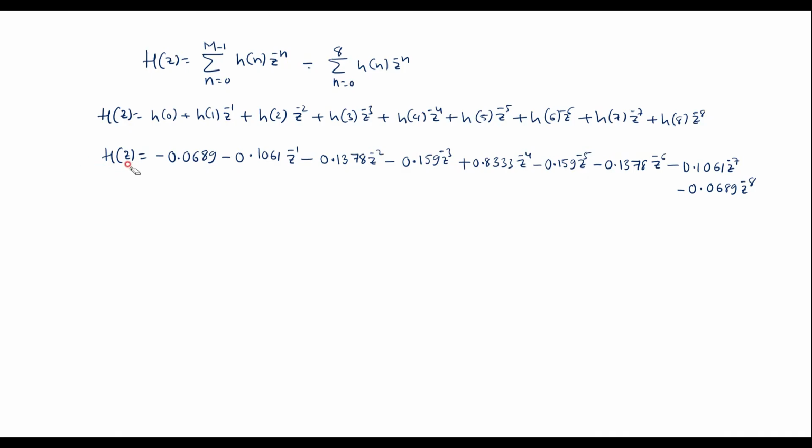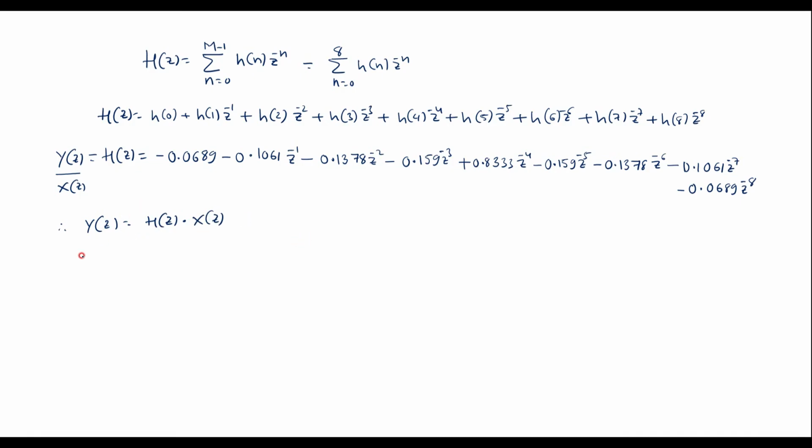We know that h of z can also be represented as y of z divided by x of z. So therefore we can write y of z is equal to h of z into x of z.